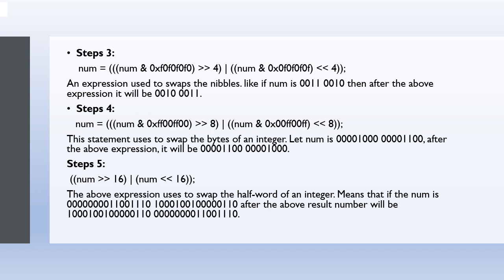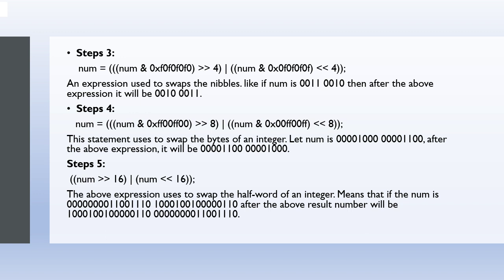Half word means 16 bits. 16 bits from the left will move to the right, 16 bits from the right will move to the left. All the half words will be swapped just like this.